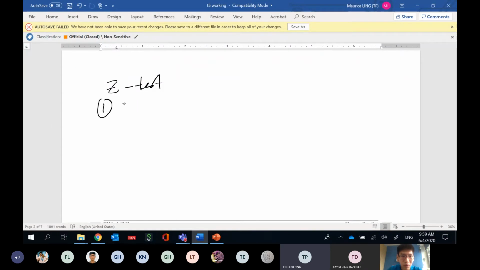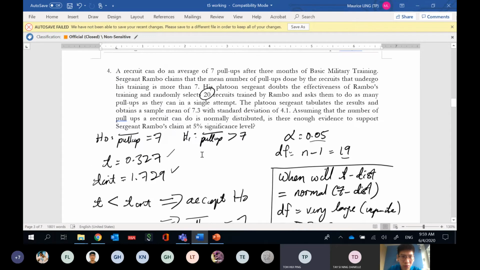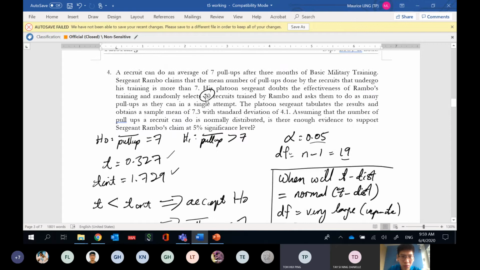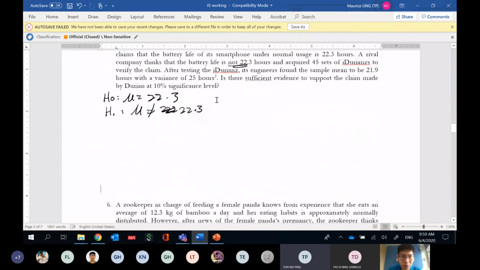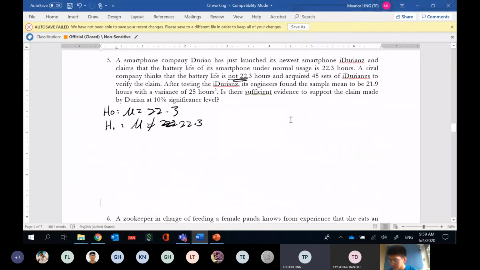The population standard deviation is given, which is actually very hard to get in the first place because you need a large sample. Second, the sample size must be more than or equal to 30 at least. So here, although the standard deviation is given, the sample size is too small. Oh, okay. Got it now. So in this case, do you use t-test or z-test?